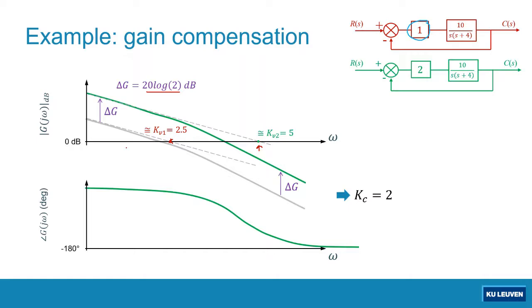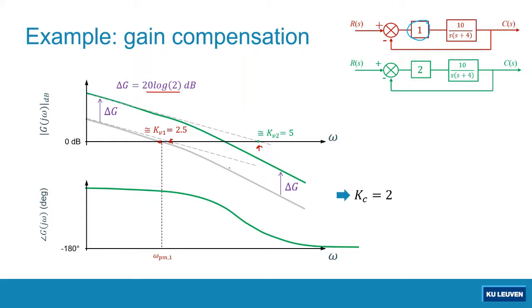If you look at this, before I tune the proportional gain, the magnitude plot crosses the 0 dB line, the frequency axis, at this point, right? What does this frequency mean?